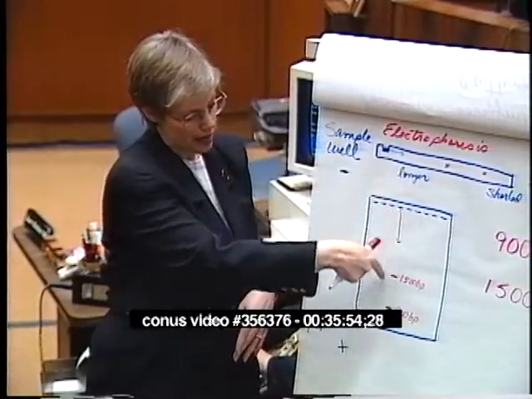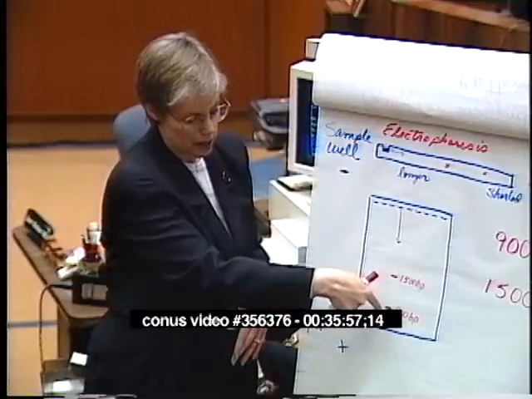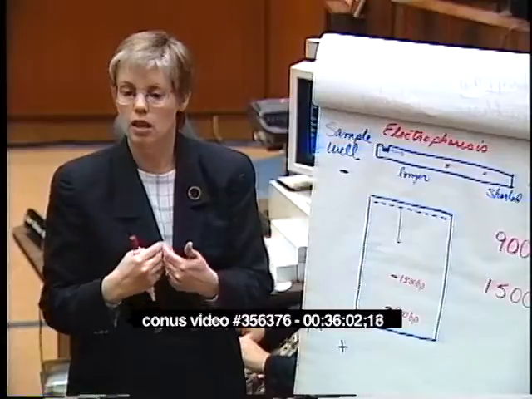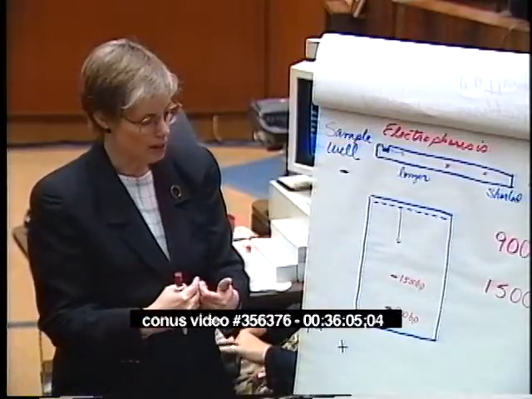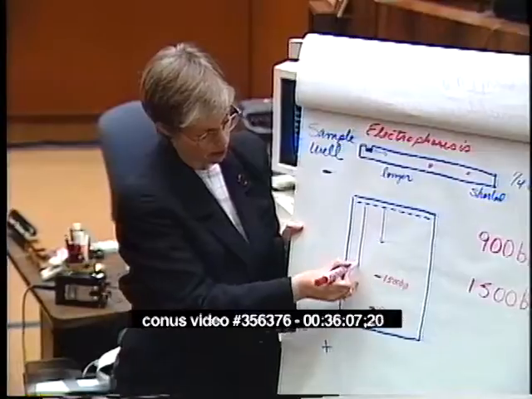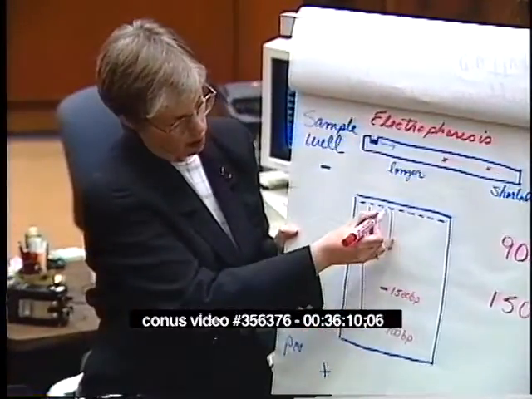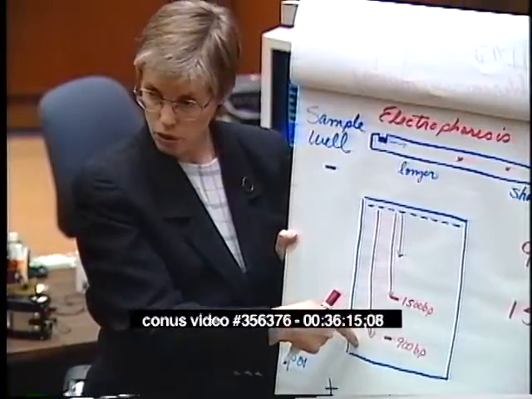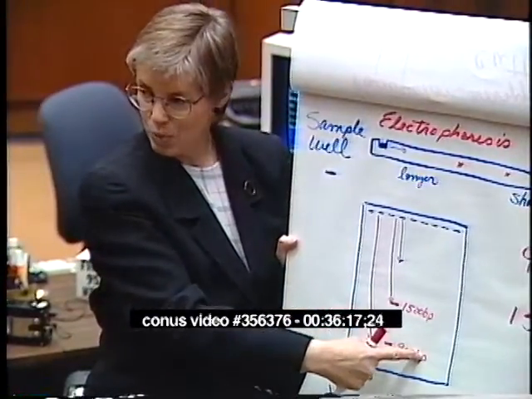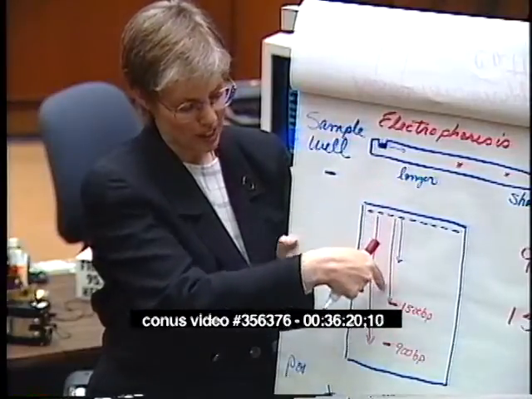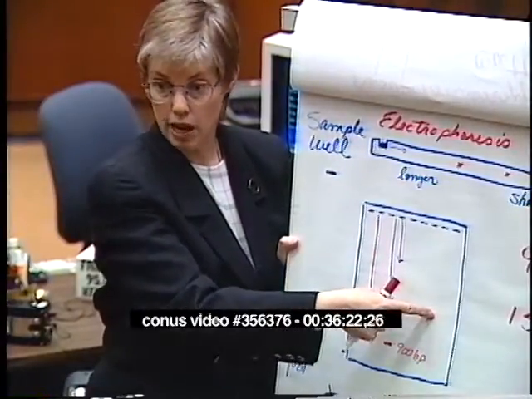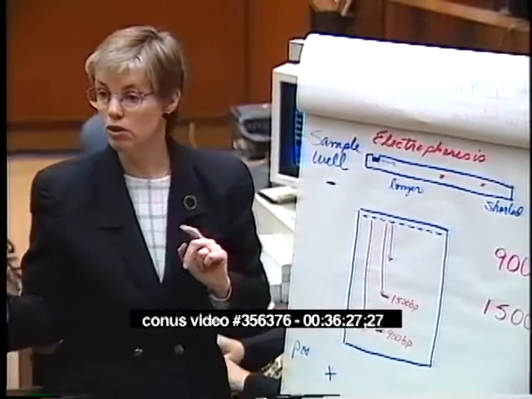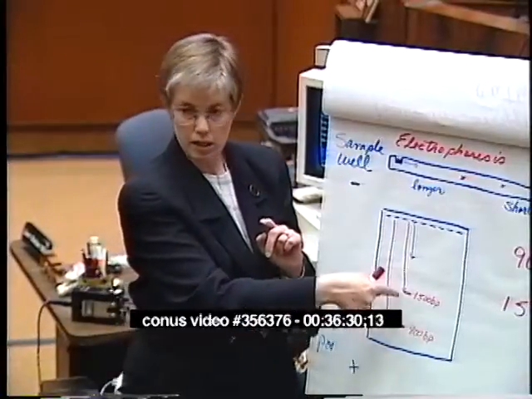So if you understand that where the DNA came to in the gel is an indirect measure of its size, that is, this distance traveled is an indirect measure of the size. The further the distance traveled, the smaller the size piece of DNA. The shorter the distance traveled, the larger the size is. This is the information you're after, and the entire rest of the procedure is how do you see this visually.